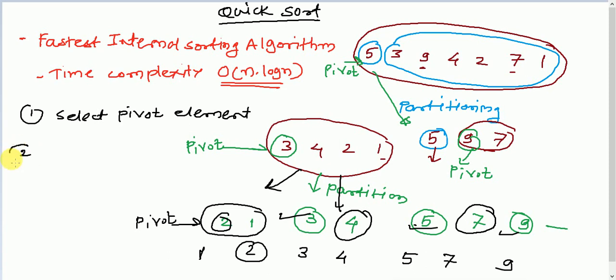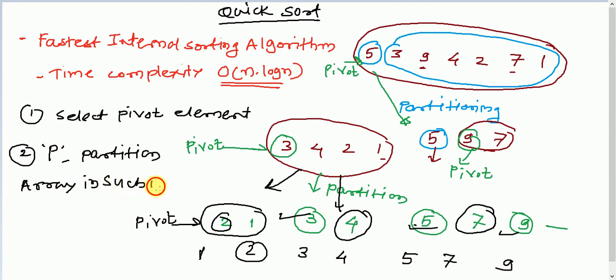The second step is, say the pivot element is P, then we partition the array in such a way that the left side elements are smaller than P and the right side elements are greater than P. This is generally the pattern we follow in quicksort.